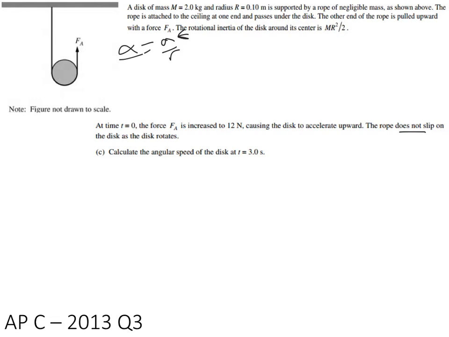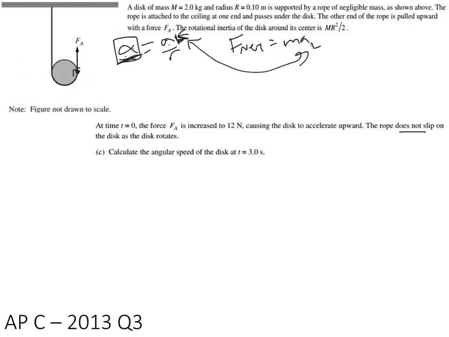That's just a linear component of the angular acceleration, the acceleration of a point on the edge of the disk. But when it does not slip, then this is the same thing as this. So even though alpha equals A over R is always true, when it does not slip, the R in A sub R is the same as the L in A sub L.